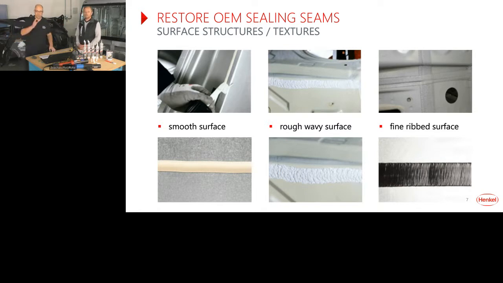Extrusion. In the middle, you can see sealing beads. They have a very rough, wavy structure on top, and this is done by a spray technology. So not extrusion, but sprayable. A different way to apply. On the right side, we have fine ribbed surfaces on the sealing bead.